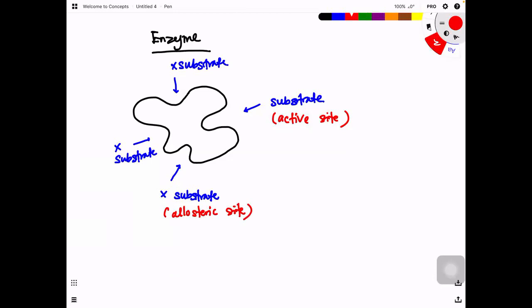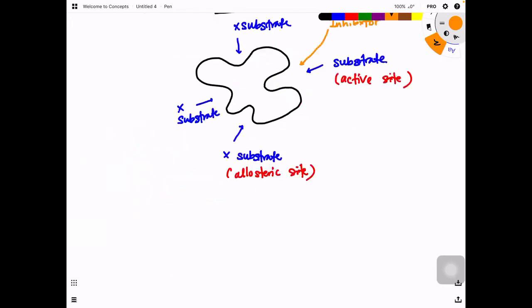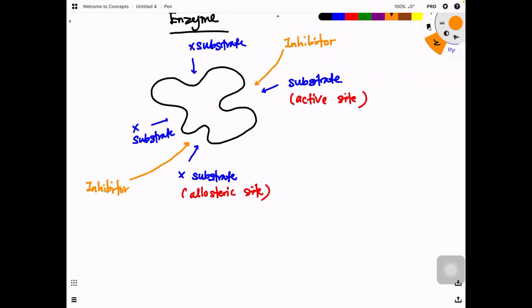Now if you look at our enzyme, an inhibitor can bind to the active site. An inhibitor can also bind to the allosteric site. Are you clear?